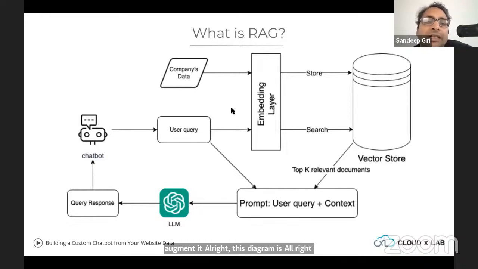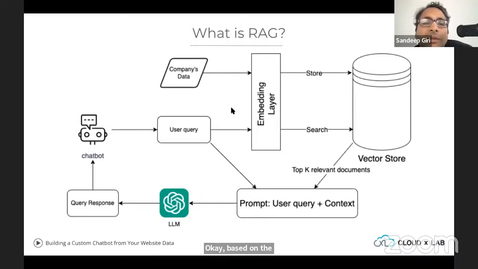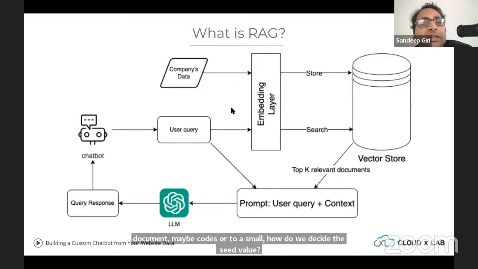Question from Anmol is, Sandeep, for k-means to determine the proximity, you need to give the seed value or bucket size. Based on the search output of matching the document, it may be too coarse or too small, so how do we decide the seed value? Yeah, good question. So there is a proximity value.